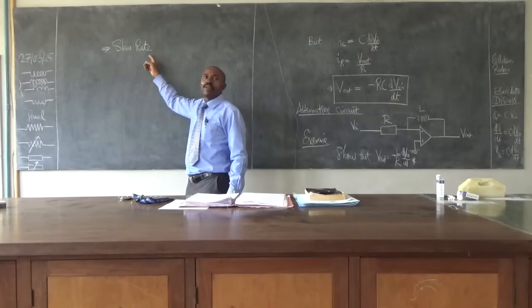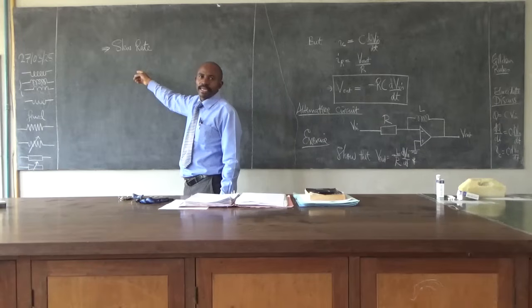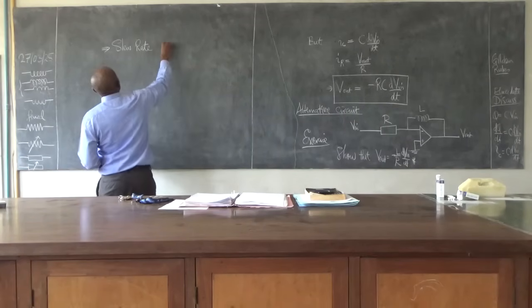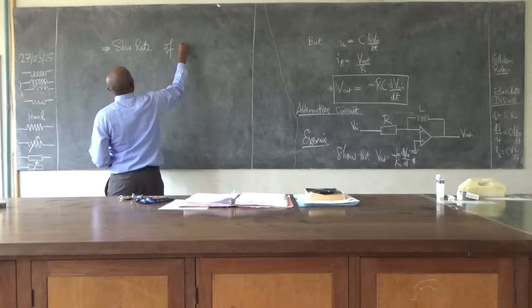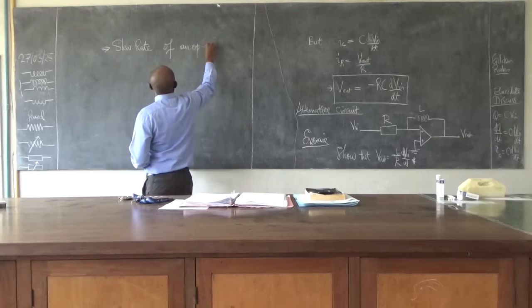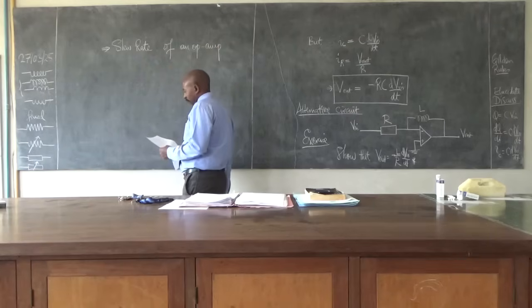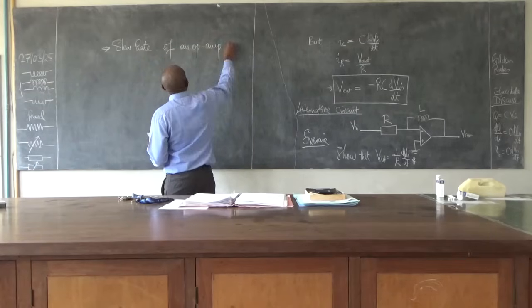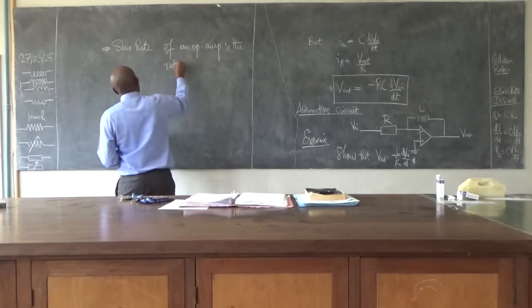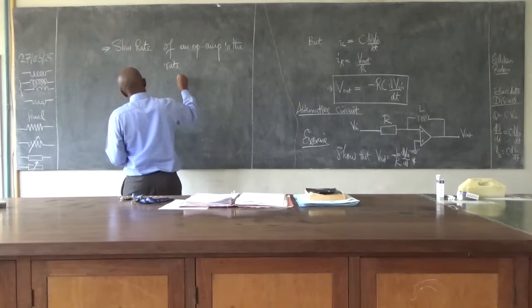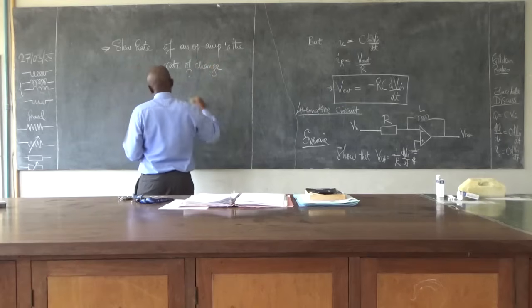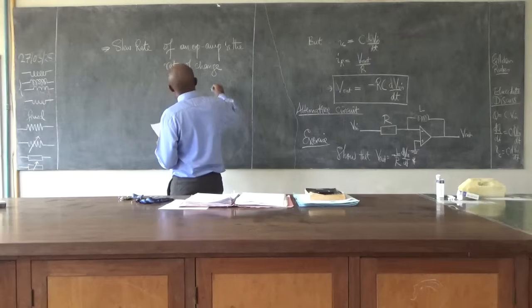Okay, so we conclude this part by looking at the slew rate. Slew rate of an op amp is the rate of change of the output voltage.